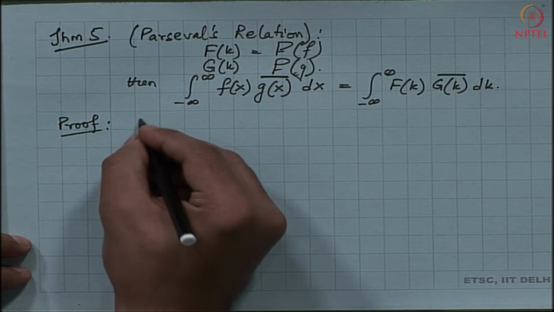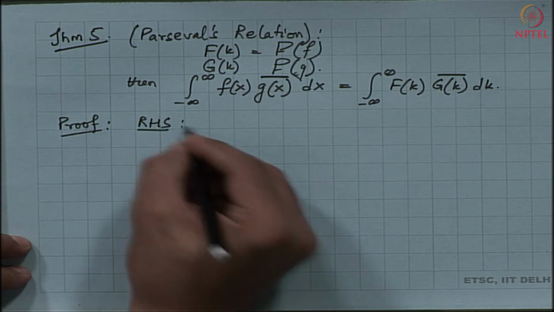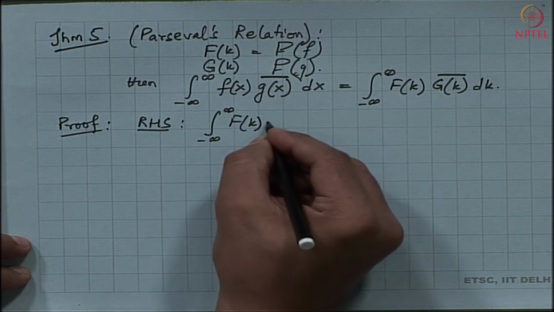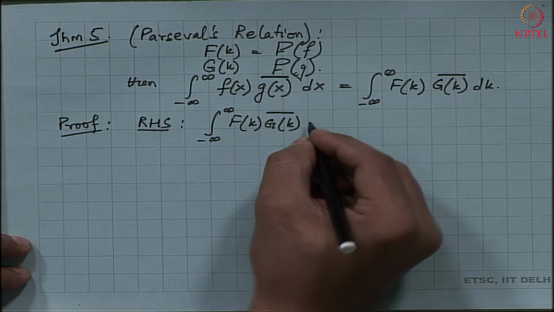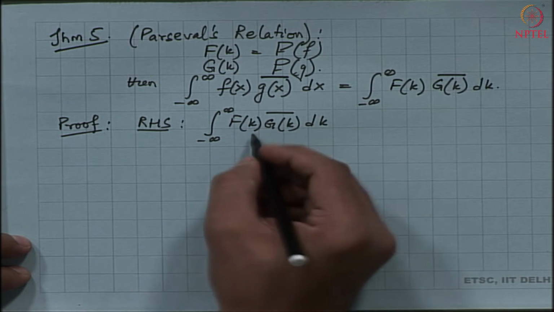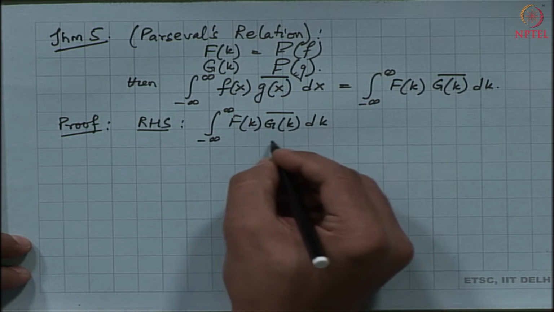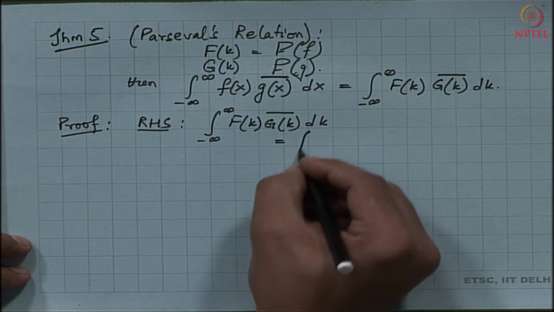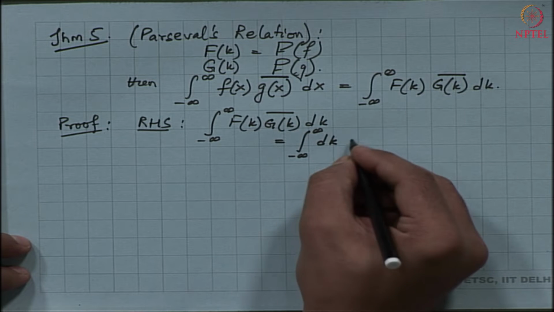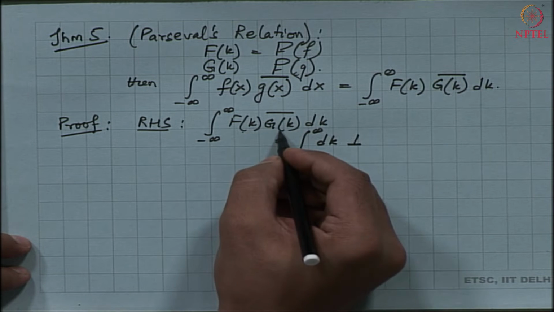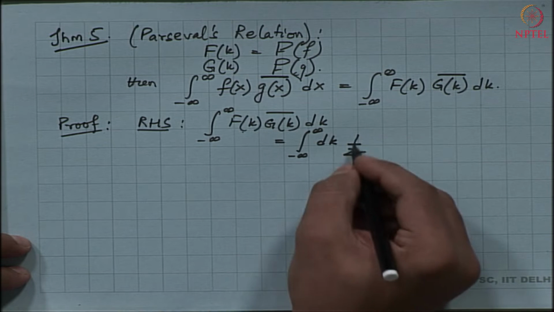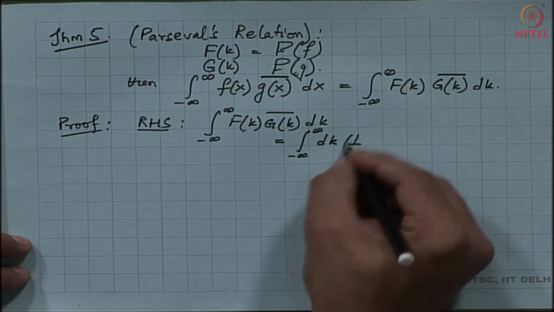So, I am going to start with my right hand side, RHS. My RHS is the integral from negative infinity to infinity of F of k G of k conjugate dk. Now, I am going to use my definition of Fourier transform. This is also equal to the integral from minus infinity to infinity dk, and then each of these are Fourier transforms, so that will bring in a factor of square root 2 pi, which when squared gives 1 by 2 pi.